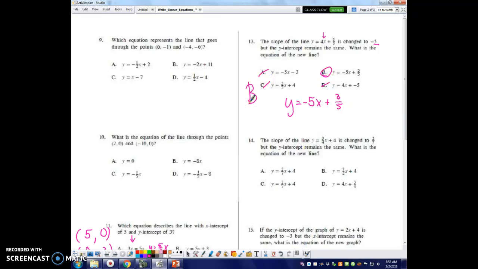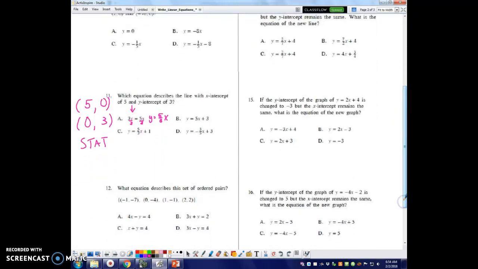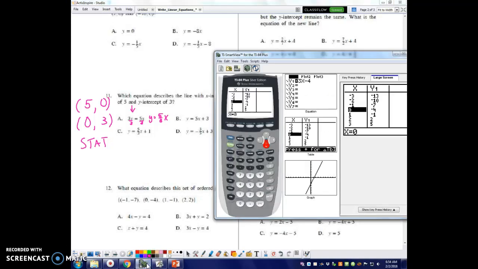Okay. Number 15. If the y-intercept of the graph is changed to negative 3, but the x-intercept remains the same, what is the equation of the new graph? Okay, so the x-intercept's remaining the same. So let's find out what our x-intercept of this line is by typing it in.